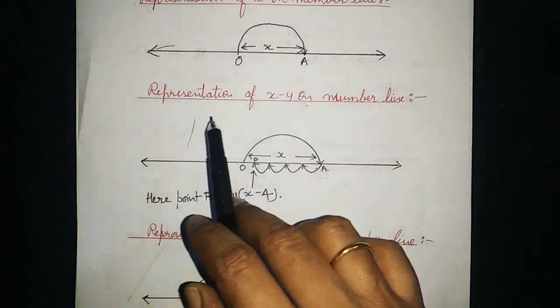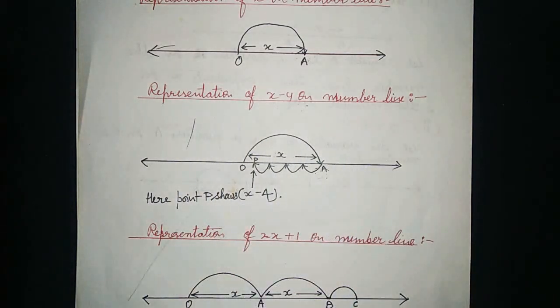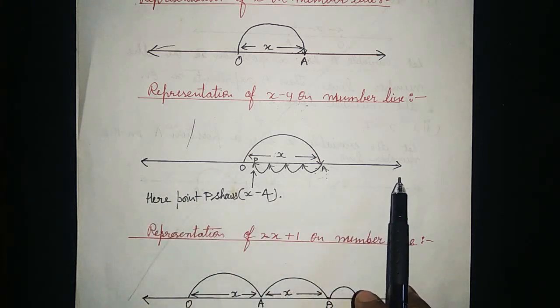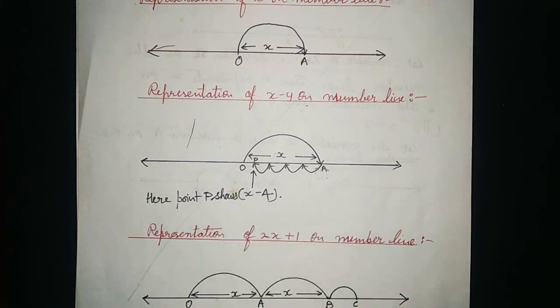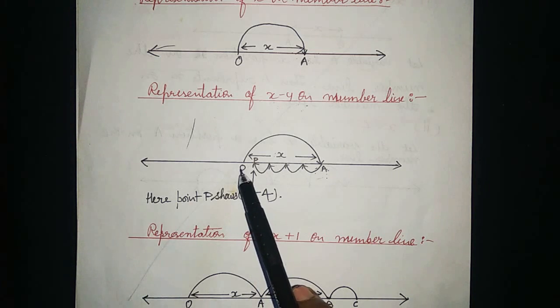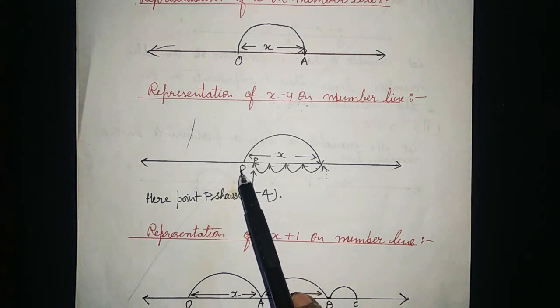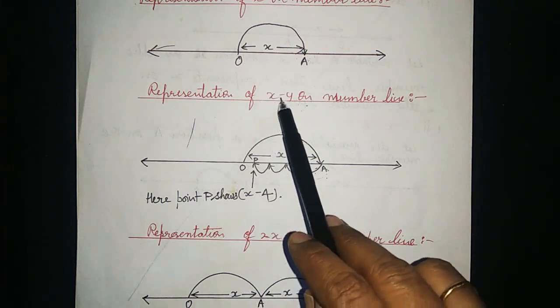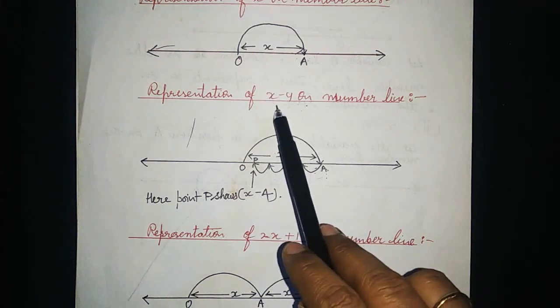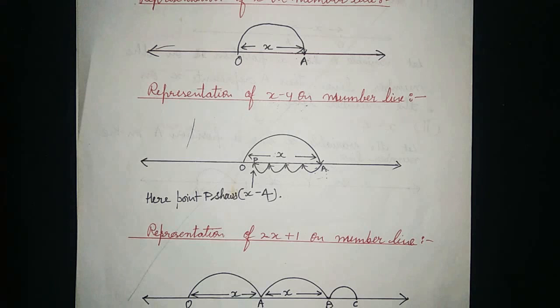Now see the representation of x minus 4 on number line. For representation of x minus 4 you will draw a number line and then you will take an origin point O on this number line. Now you will show this variable x on the number line.